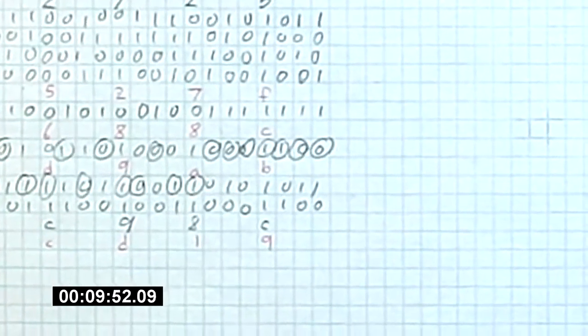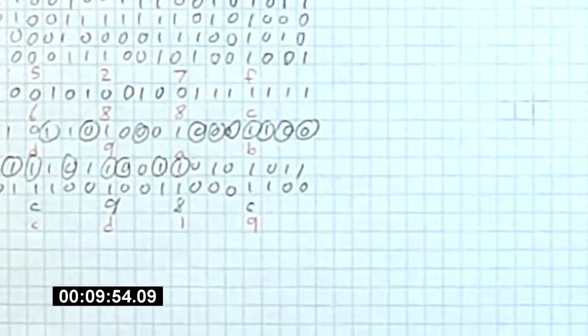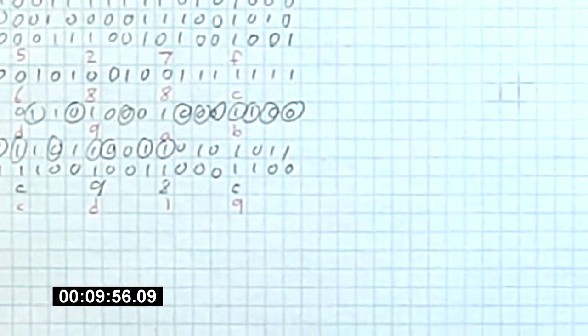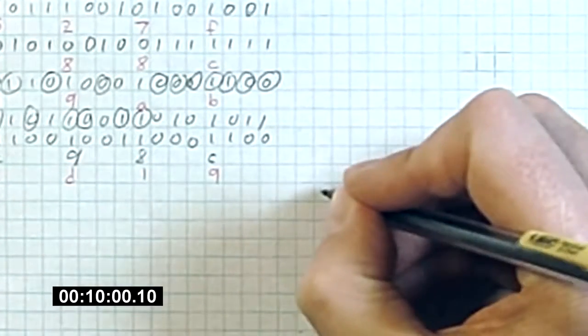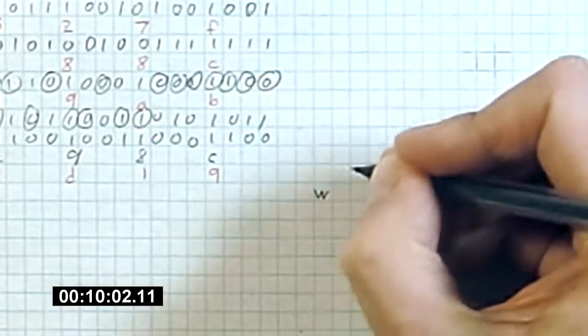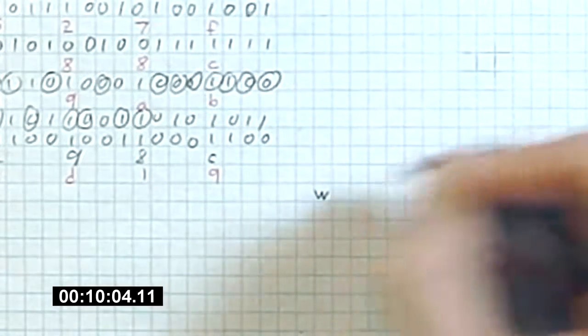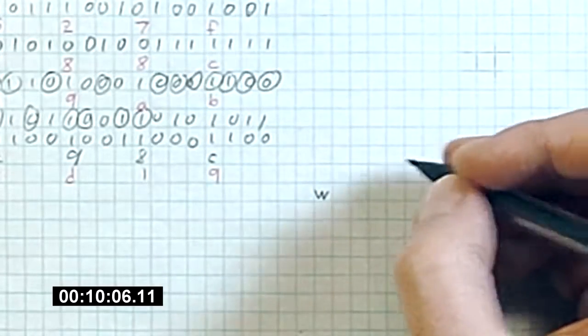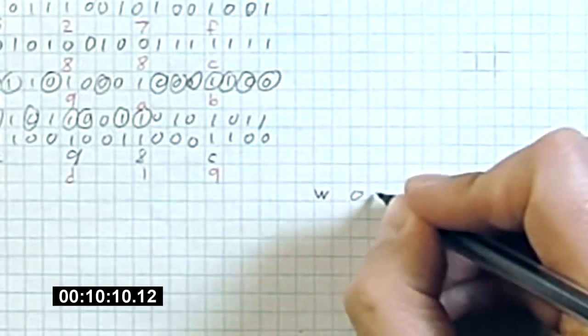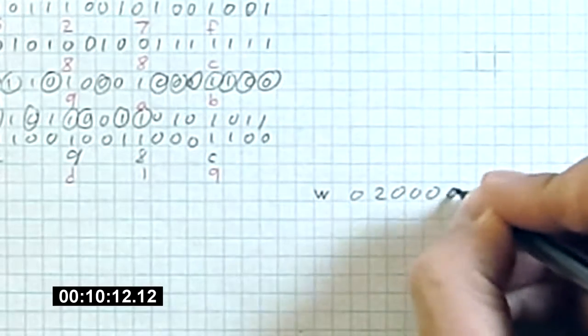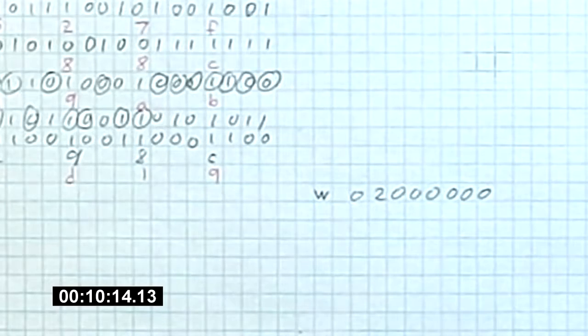Now, the next step is to combine all this data to make our first sum. So we go over here, we're going to start with W, which is our input. So this is actually the first place that our input data is actually going into the hash. 02000000 actually indicates our data block is version 2.